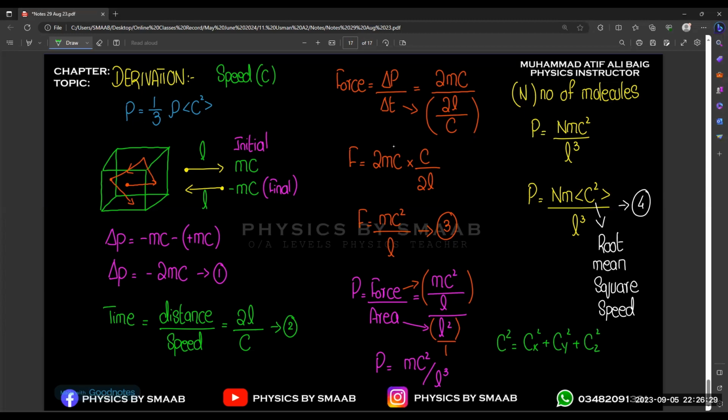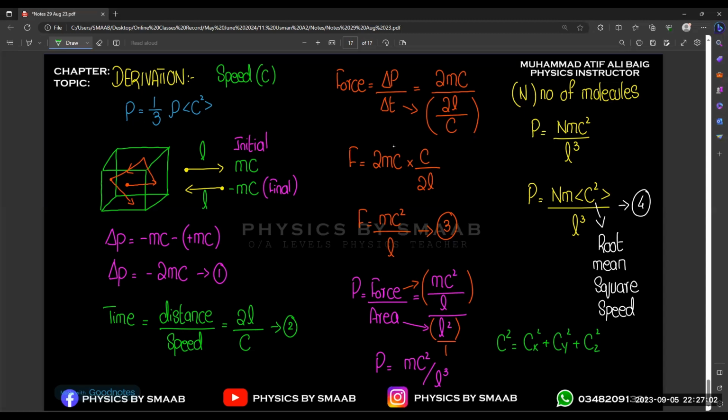Clear? Yes. And if we consider all directions, we know that there is elastic collision, so the speed in all directions remains the same, right? If we consider only the x-axis, the speed in the x-axis will also remain the same for the y-axis and z-axis. Getting the concept? In any particular direction you will get the same speed.